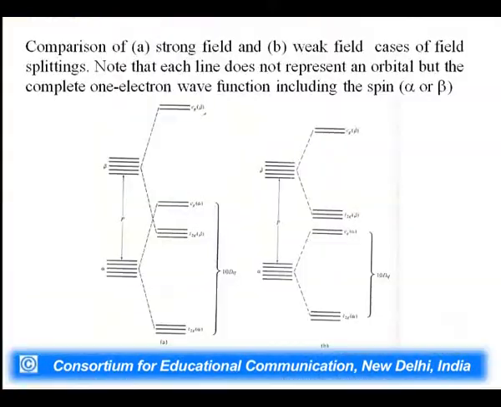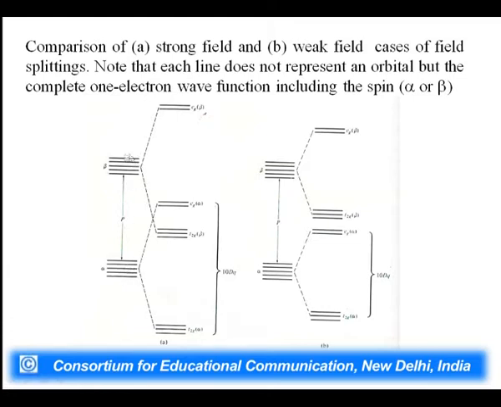Now, one more very interesting graph or comparison can be found from this particular diagram. You see these alpha and beta labels; these are not the d orbitals that we normally draw. These are the energy states. Alpha means a particular spin state and beta means the reverse of the first spin state.